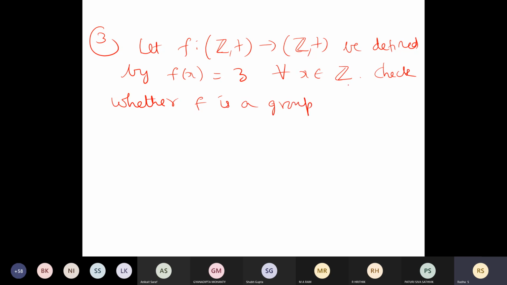Even monoid homomorphism is there, semigroup homomorphism is there. I am interested in only group homomorphism. Can you please check and say?